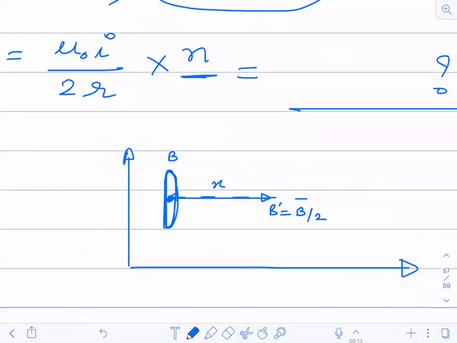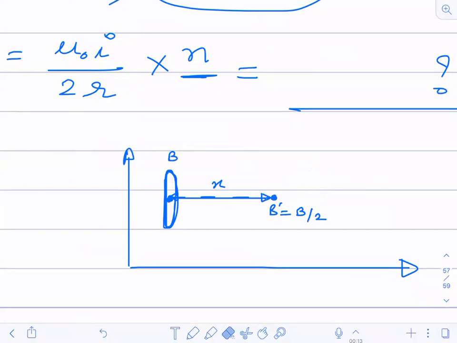Understood? So you have to calculate that distance x, where the magnetic field is equal to half of the magnetic field at the center.